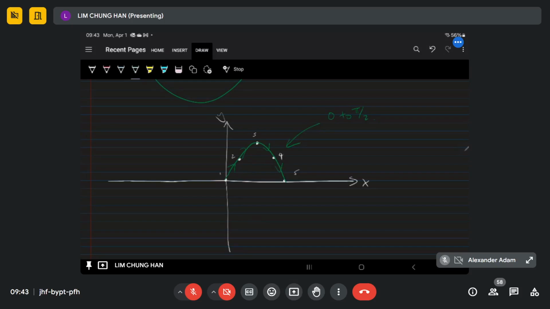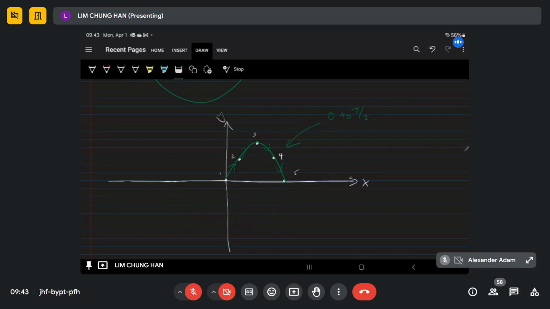It can only continue in one direction. You cannot suddenly start there. That means this line will continue the same shape here.